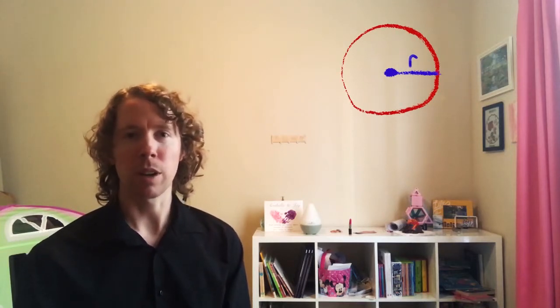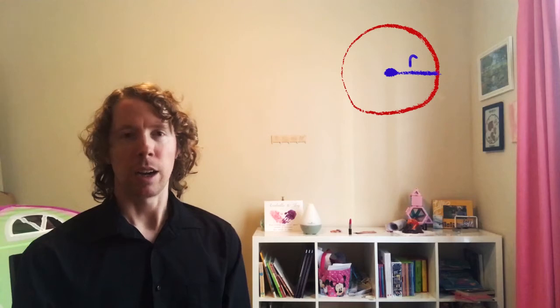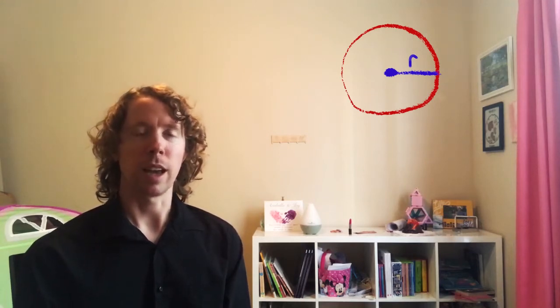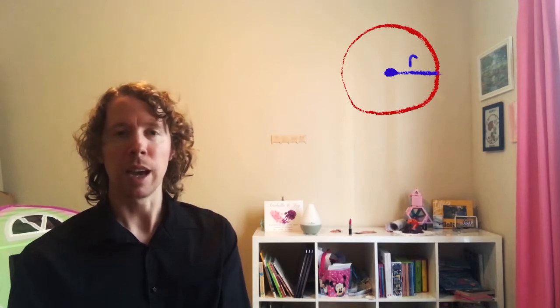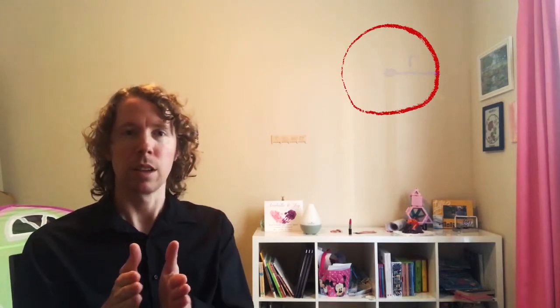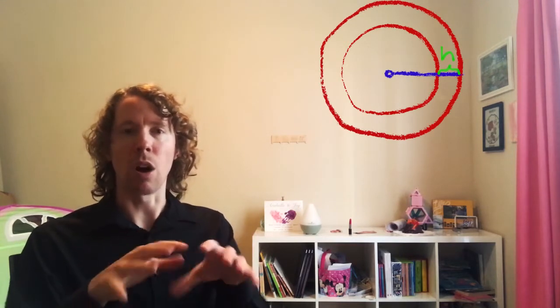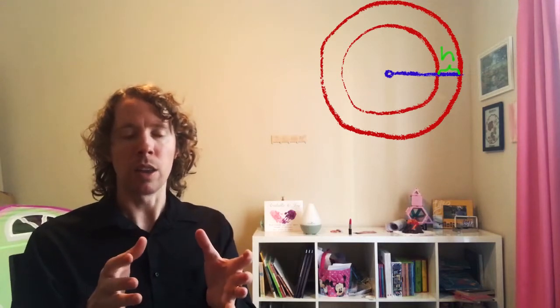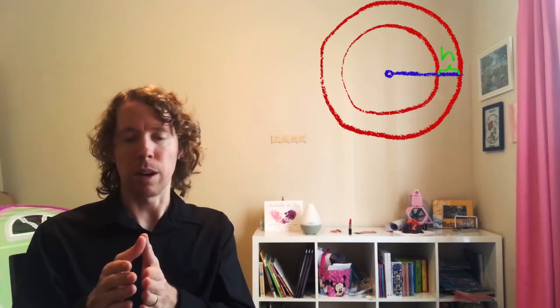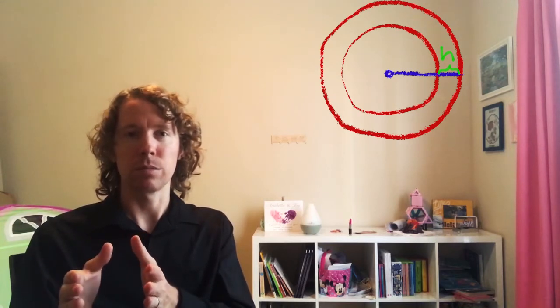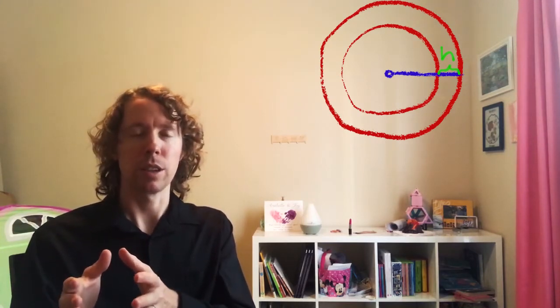We're going to use the method of increments to do this. Instead of being the increment of time, h will be an increment of radius. We start with a circle with radius r, and then we let that radius go out just a little bit by a distance of h. So our increment of radius is h.